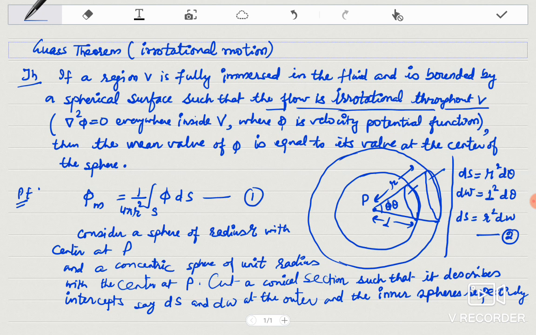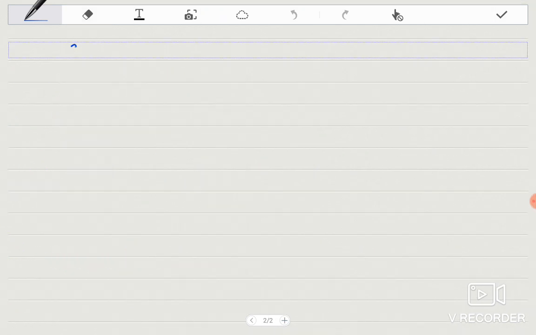Now the second thing is that phi is the velocity potential. So another condition is given that del squared phi is 0 inside the sphere. So it is 0 everywhere inside the sphere. It is also a condition. Now we again come to our phi m.